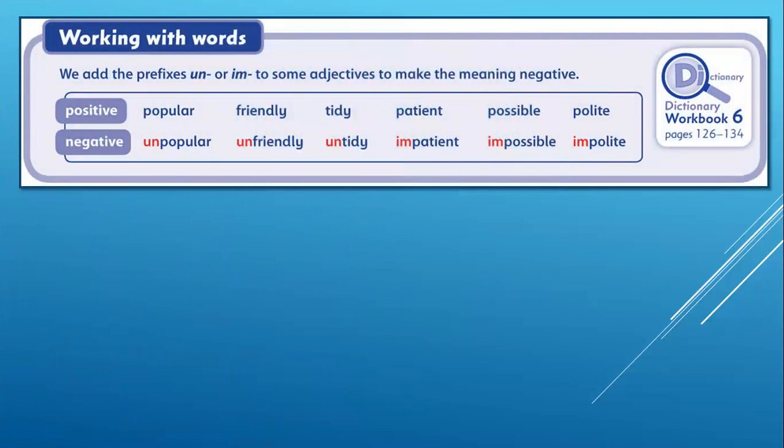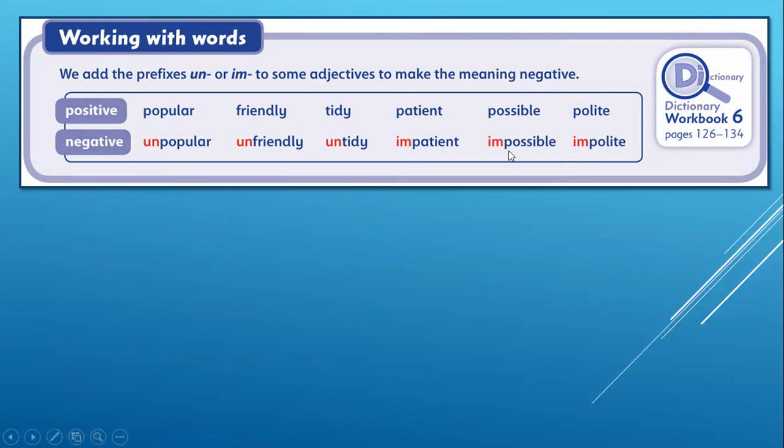Here, working with words. In this part, we are going to study the prefixes. What are the prefixes, mister? So the prefixes un, and im. The prefixes are parts or syllables that we put to some adjectives to make the meaning negative.